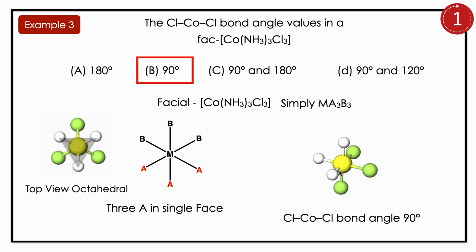If you draw the facial form and find the bond angle, you can clearly see all the bond angles are 90. That is, the bond angle between chlorine, cobalt, chlorine is 90 degrees. So the answer is B, 90 degrees. The concept you have to learn here is that not only should you understand the formula, you should understand the 3D imagination of the structure. Then only you can answer the problem very comfortably.